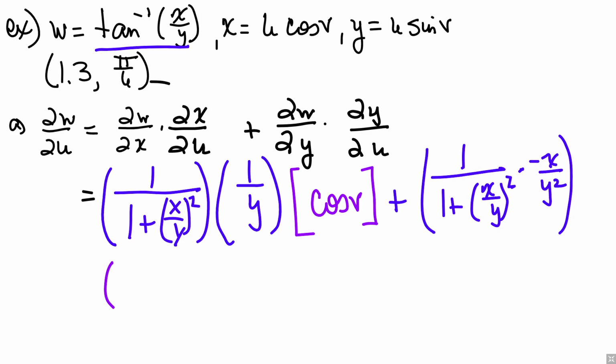Now I'm going to multiply that by the partial of y in respect to u. So if I do the partial of y in respect to u, I'm left with just what? Sine v. And there's my derivative.